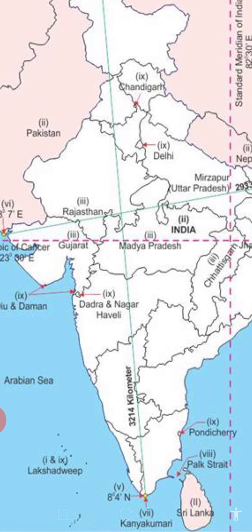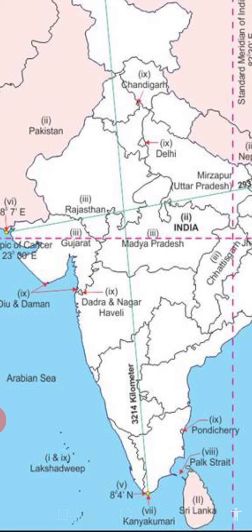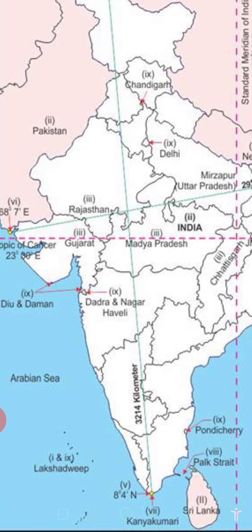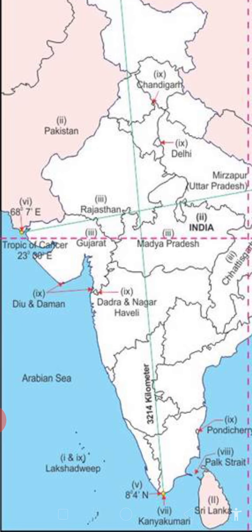These are the union territories. First, in the north, it is Chandigarh, the capital city of Haryana and Punjab. Then comes Delhi. They are in the interior of the country in the north. Then Daman and Diu, just a tip in Gujarat.